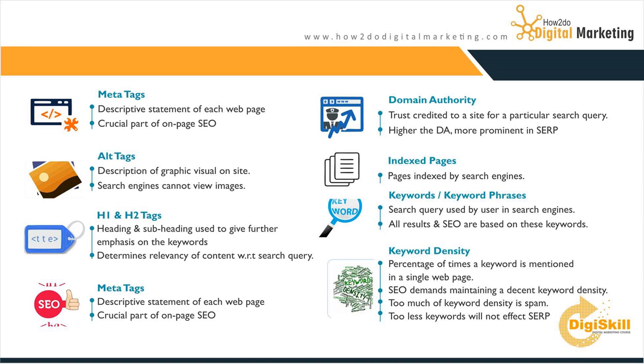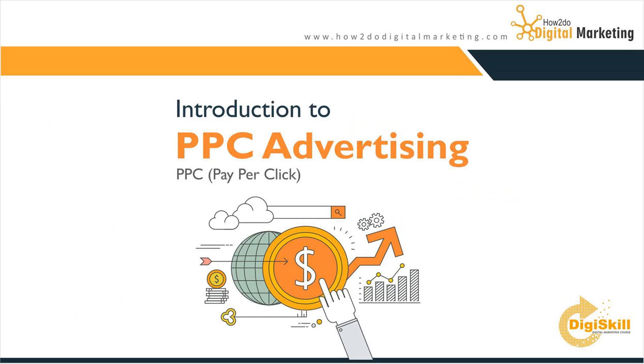So SEO demands maintaining a decent keyword density. I would presume a 1% or 2% keyword density is a great density to maintain for every page. Too few keywords will affect it. Too many keywords will get you into spam or get you penalized.